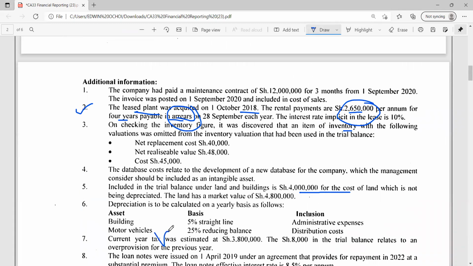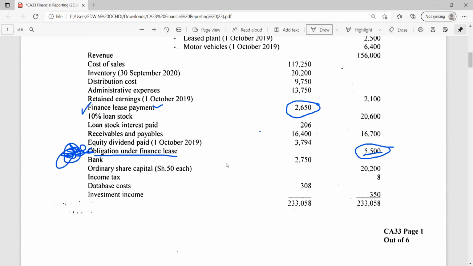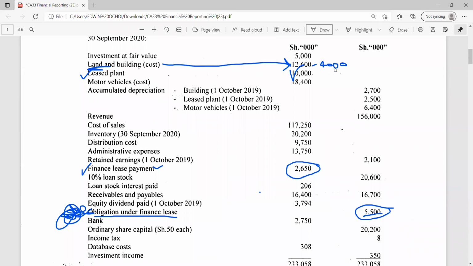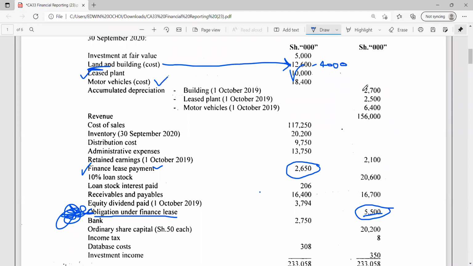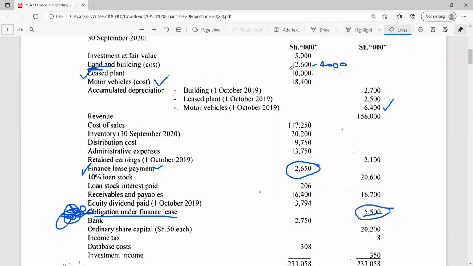Then let's go to motor vehicle depreciation, reducing balance. Which means that for the motor vehicle, you take the cost, minus accumulated depreciation, then multiply with the depreciation rate to get the depreciation for the year. Simple like that, you know, reducing balance. So the cost is 18,400.